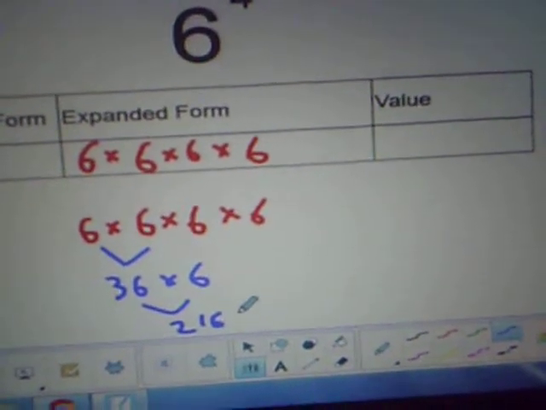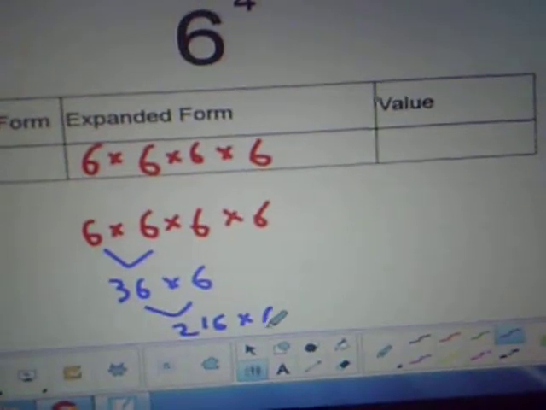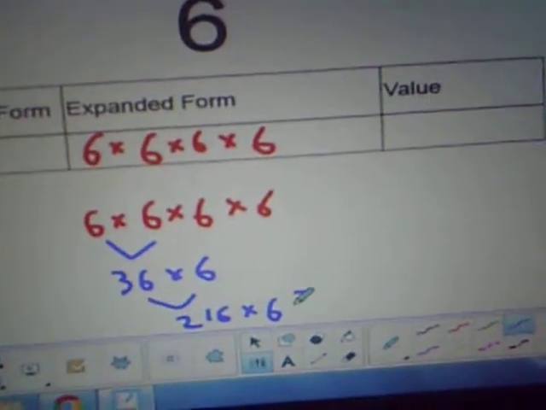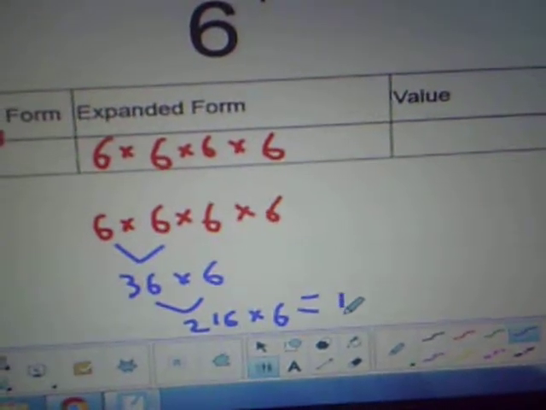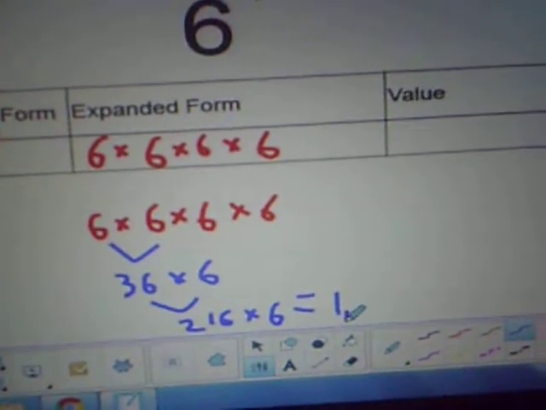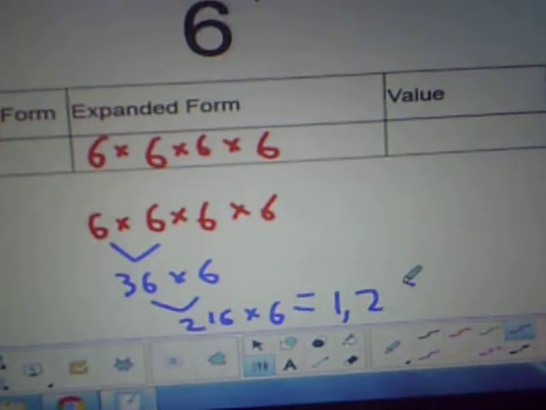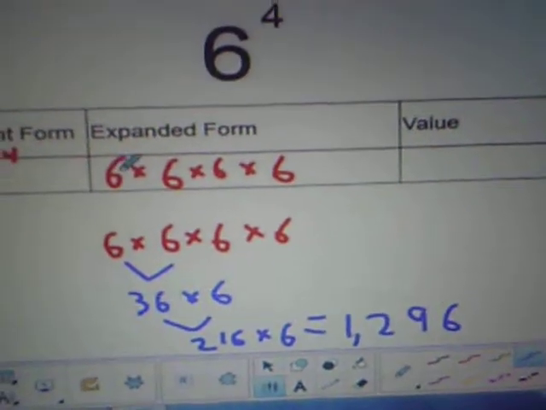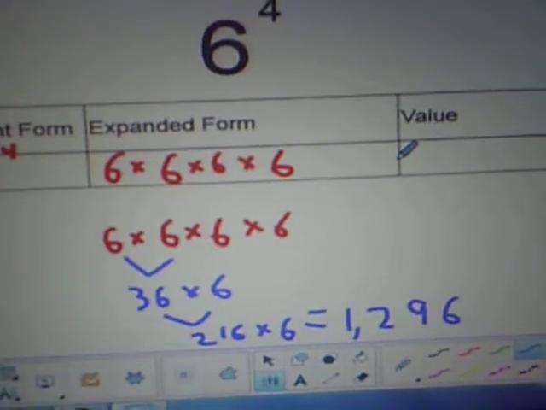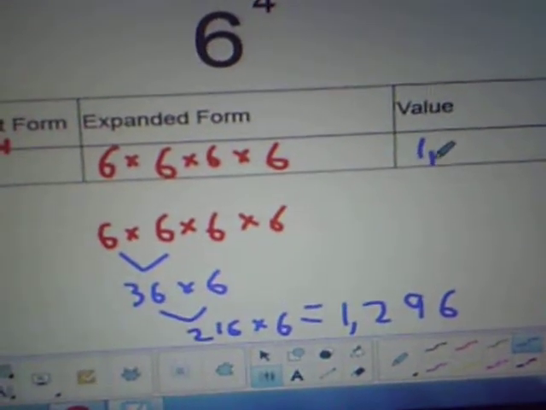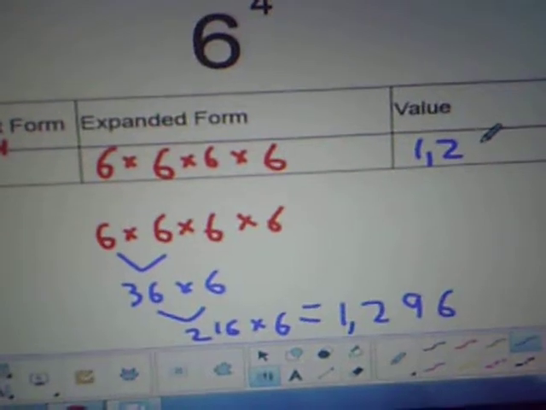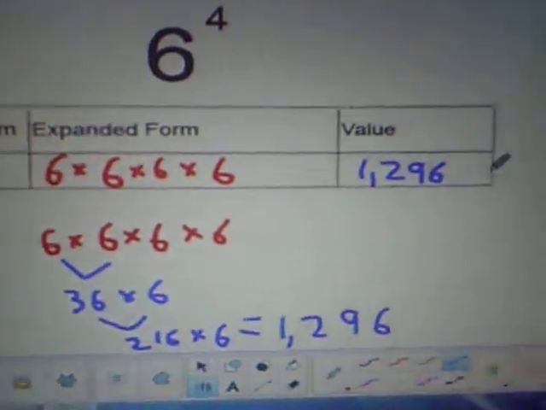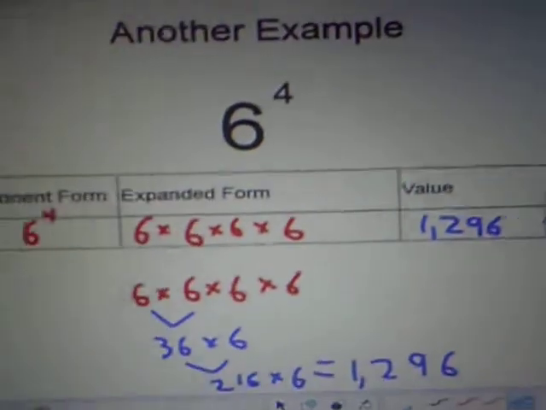And then we've got to multiply it by one more 6 because the exponent was 4, and that results in a value of 1,296. So we multiply 6 together 4 times, 6 times 6 times 6 times 6, and we get a value of 1,296. Alright?